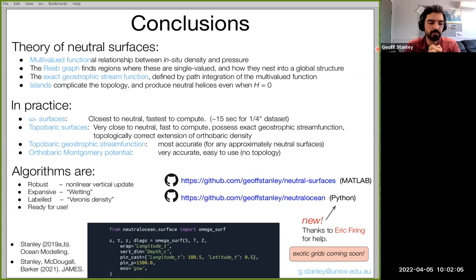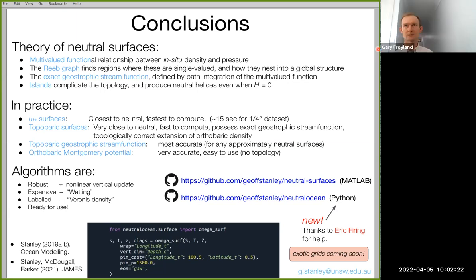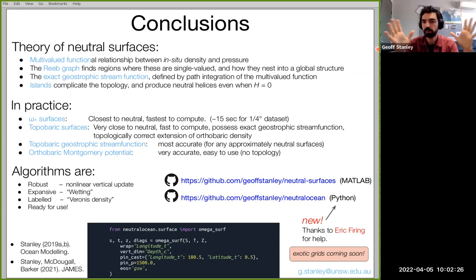Yeah. So we use the Reeb graph to pick out these different regions within which it should be single valued. I fit the compressibility to pressure to get this pi hat function. That's locally, right? Locally within each region, yeah. So I don't have to worry about discontinuities between adjacent regions for the pi hat function.